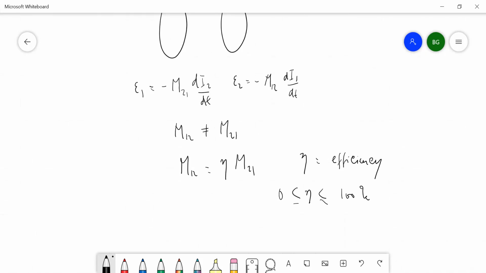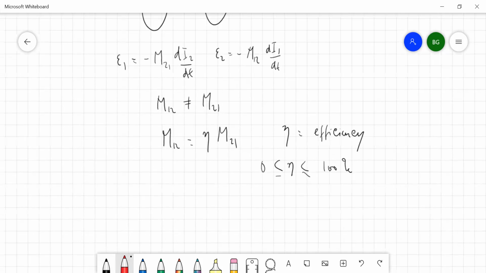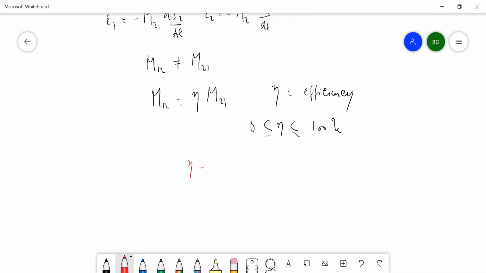If it's not ideal, it should be like this. It is equivalent to say that if eta is 1 or 100%, there is no energy or power loss at both sides. This is ideal.